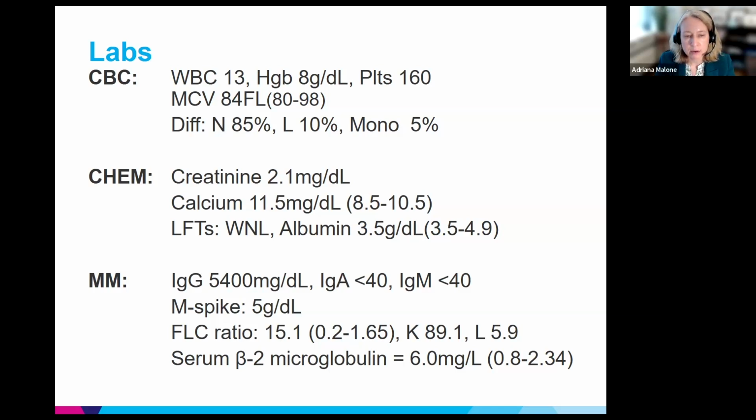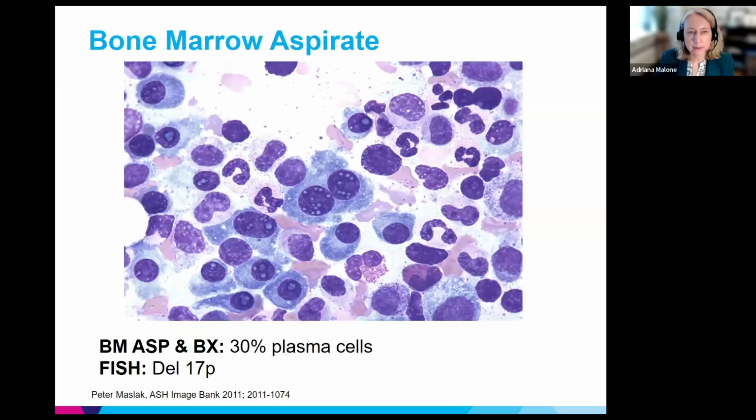And for multiple myeloma, an elevated beta 2 microglobulin is an inferior prognostic factor. If the level is less than 4, it is considered favorable. And this should not be confused with anti-beta 2 glycoprotein 1 antibody, which is a test that is used in studying patients for antiphospholipid syndrome.